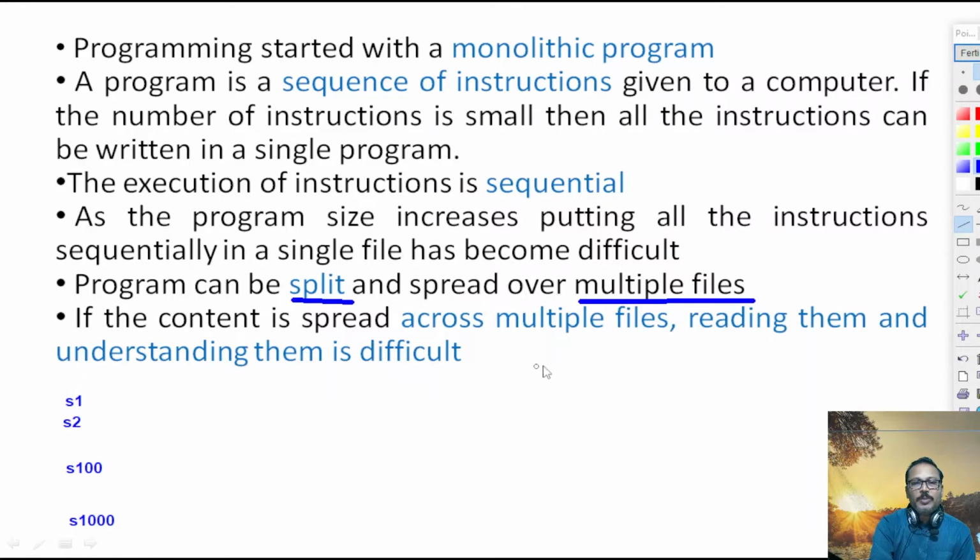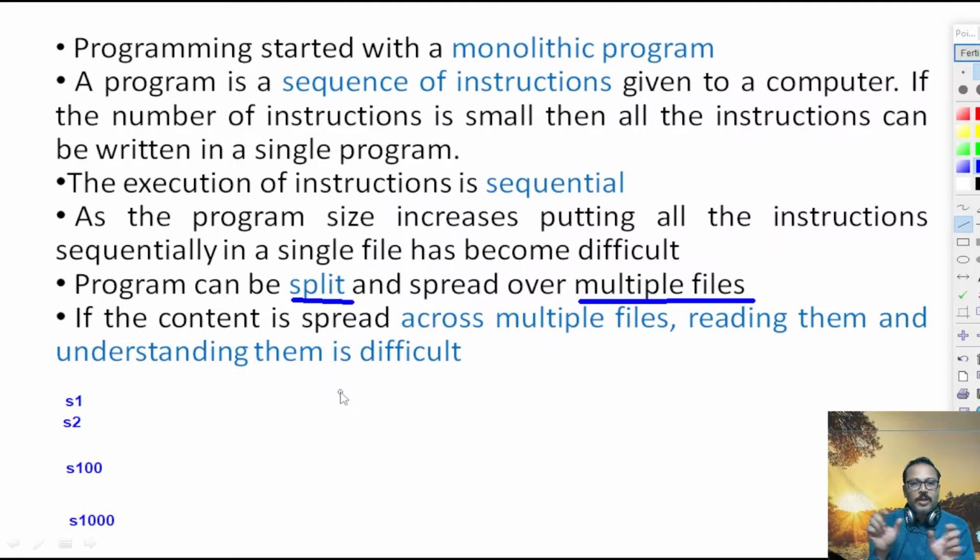If the content is spread across multiple files, reading them and understanding them is difficult. Remember, we are talking about multiple files. That means your program is not in a single file. So physically your program is separated. Until now we have written only the programs which fit in a single file. So there you can find the entire content of the program.